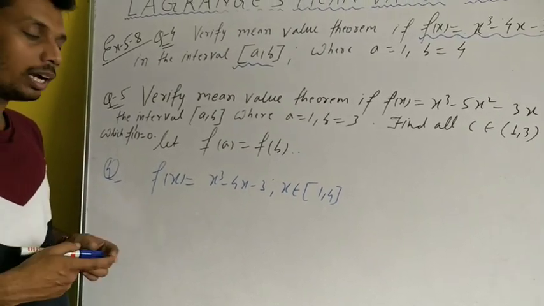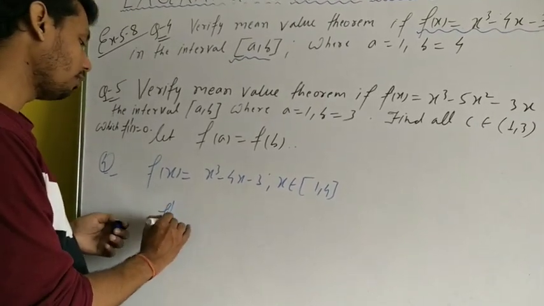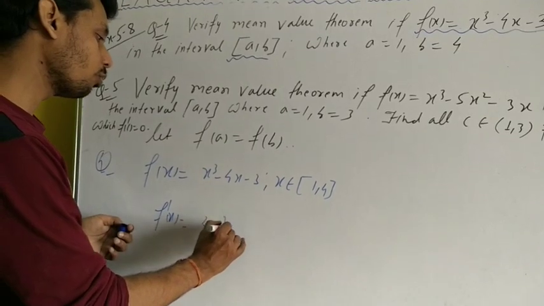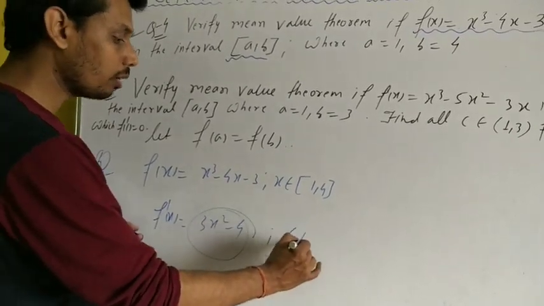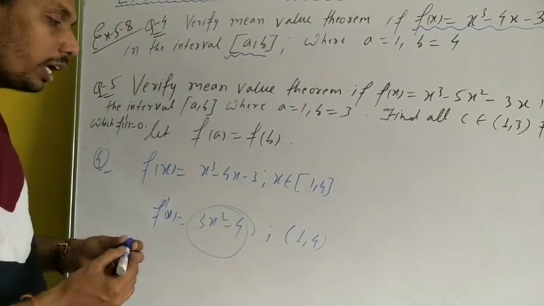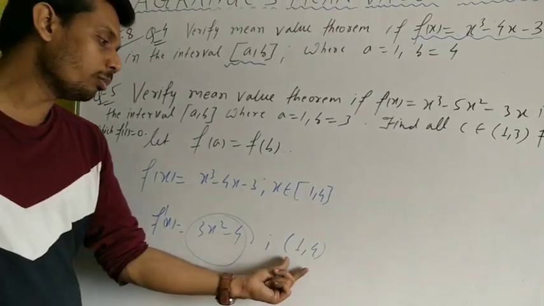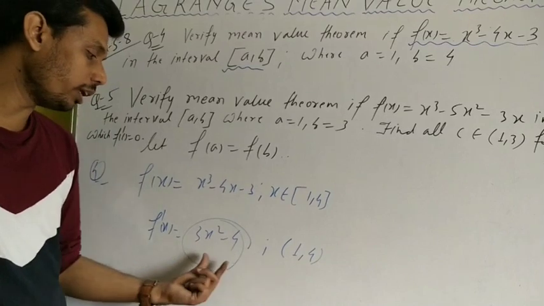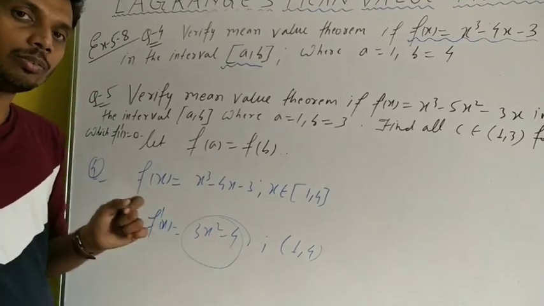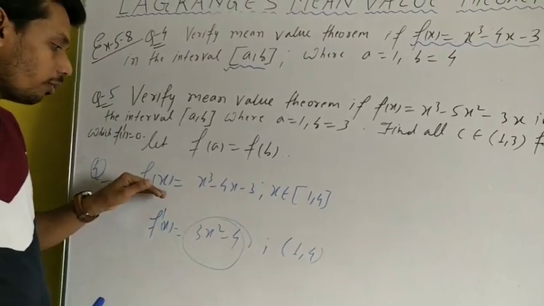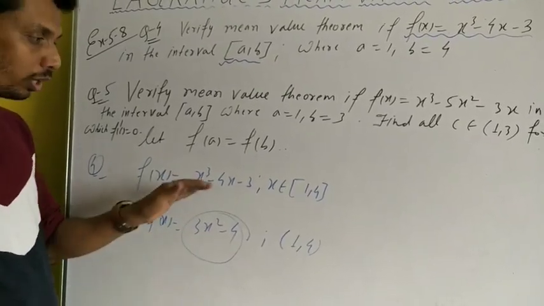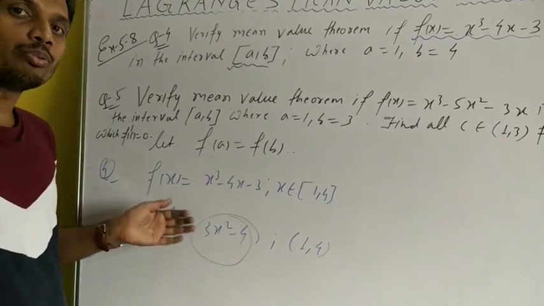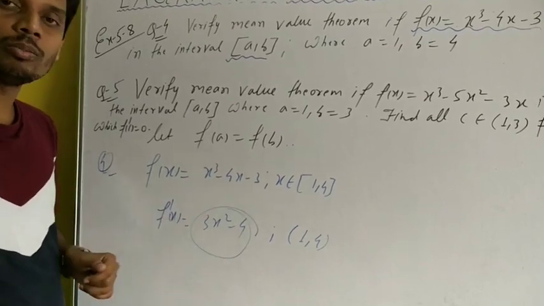Now the second part, f dash x. F dash x is equal to 3x square minus 4, which clearly exists in the open interval 1 comma 4. That is, if we substitute any value from this open interval 1 comma 4, we'll get a finite value. So f x is continuous in the closed interval 1 comma 4 and differentiable in the open interval 1 comma 4.